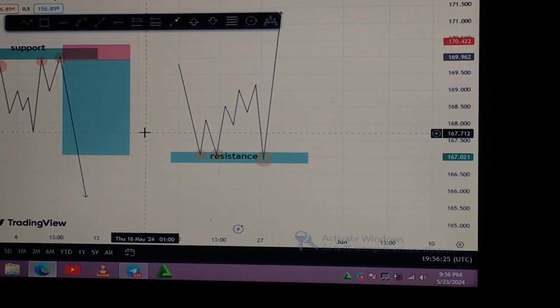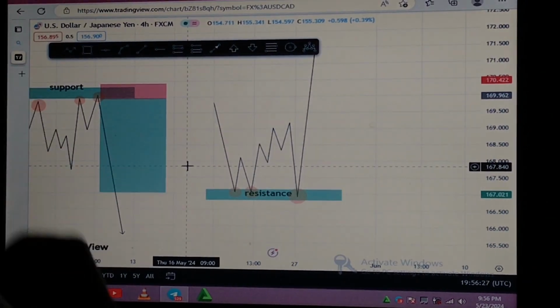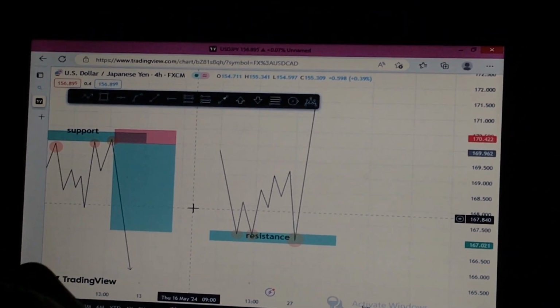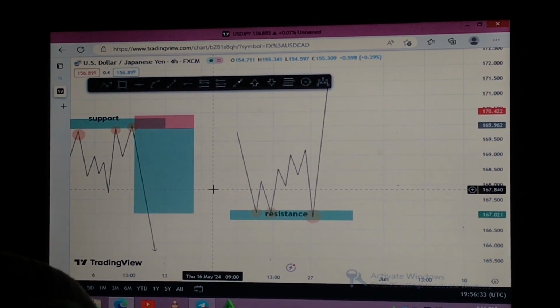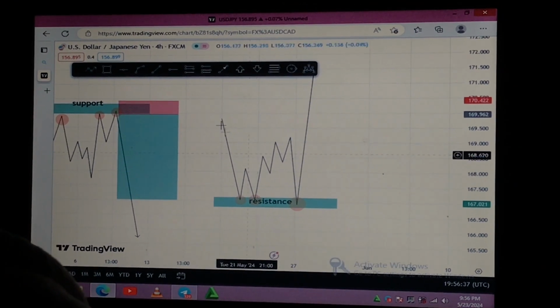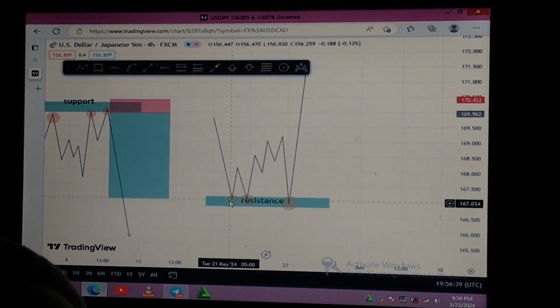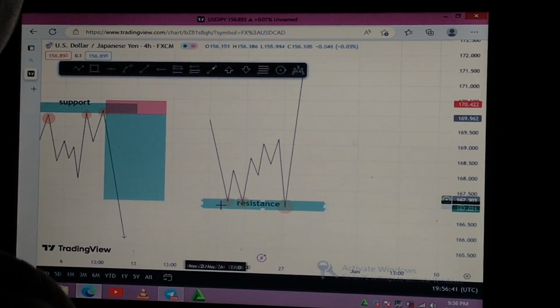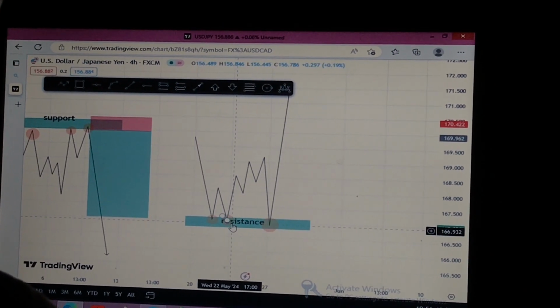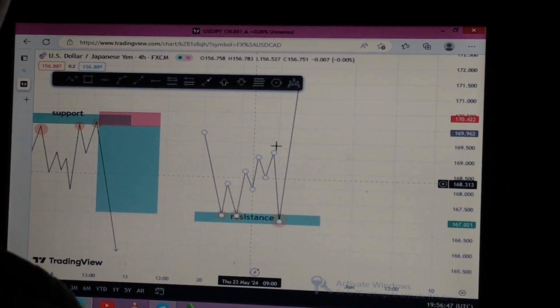Same thing with your resistance, it's quite the opposite. Support, you only see it when the market is bullish, and resistance, you only see it when the market is bearish. As you can see, the market pushed down and rejected at this level, and then pushed back up, came back, rejected, gave us some sort of a double bottom, and pushed back up.